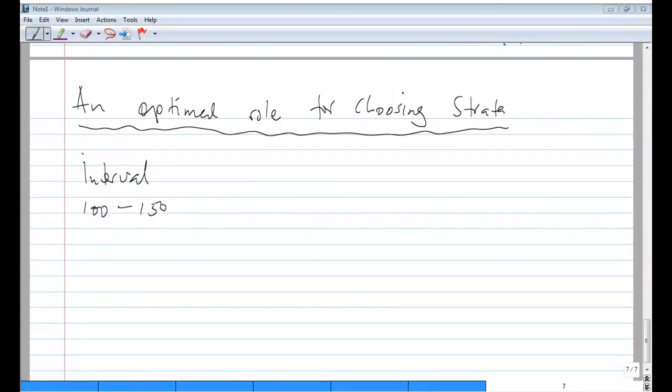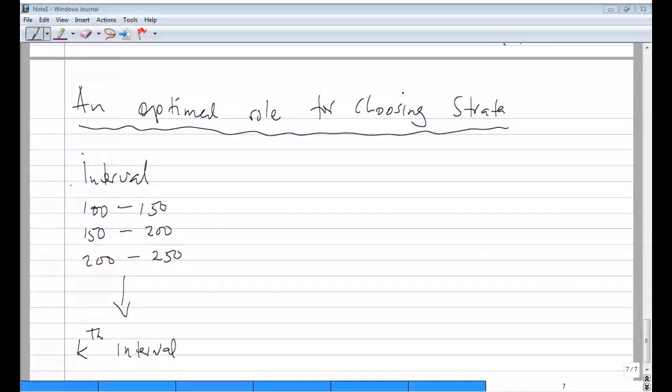Number 2 is 150 to 200. Then 200 to 250, then like that until the last one. We are going to have how many? Kth interval, isn't it? Because you know that k represents the number of intervals. So we're going to have k intervals down there.